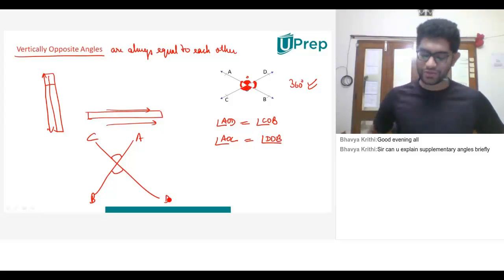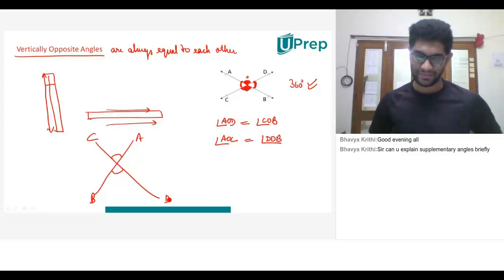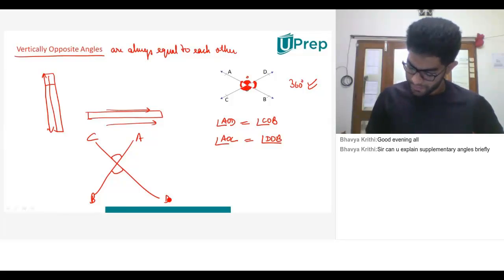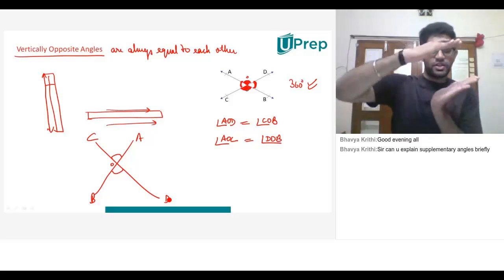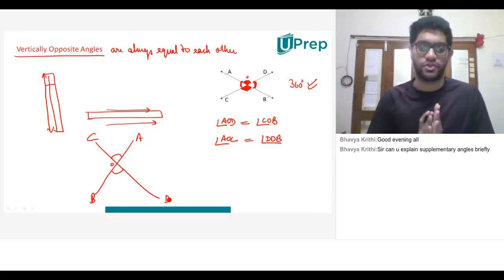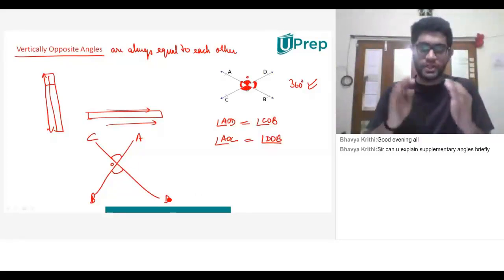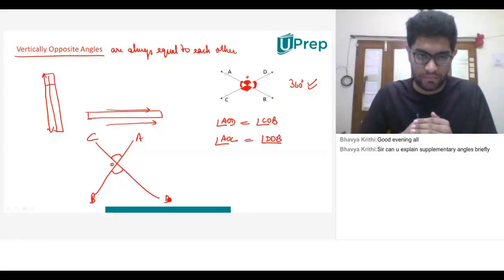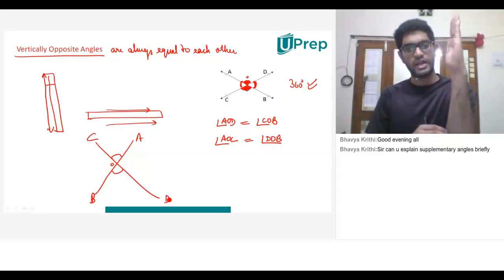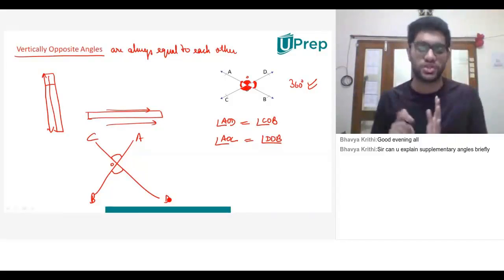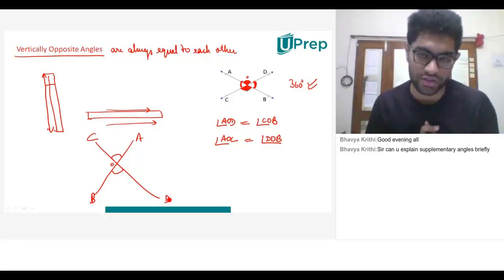Now tell me about AOC and BOD. Now they become vertically opposite for you. I just move the diagram in such a way that both of them are vertically opposite. It's just about how you are viewing it. Vertical means in a straight line, right opposite to each other. As simple as that. Are we very clear on this concept?